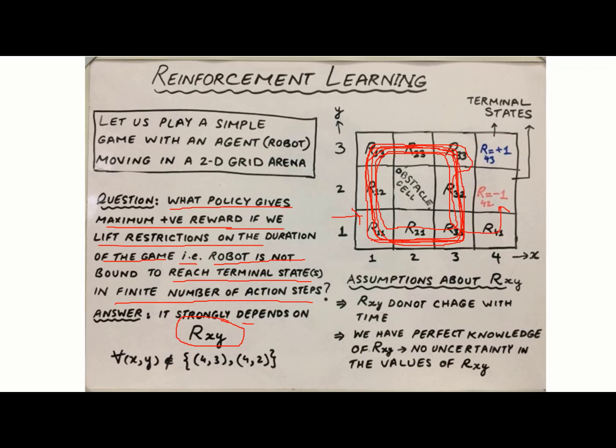So the robot has no incentive to end the game. If, however, the Rxy value is negative, then the situation will obviously be different.